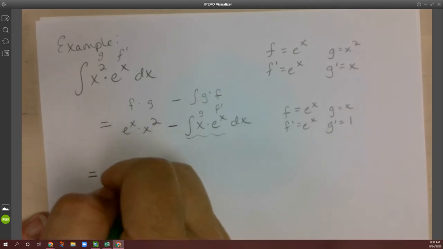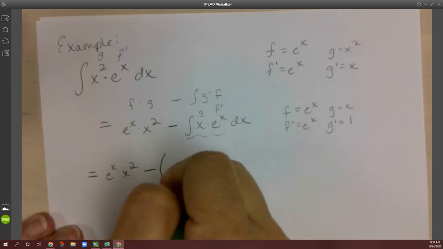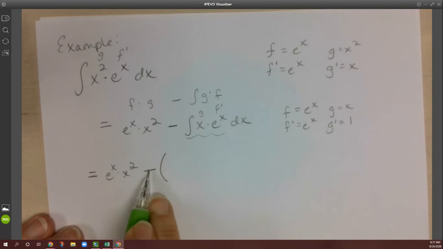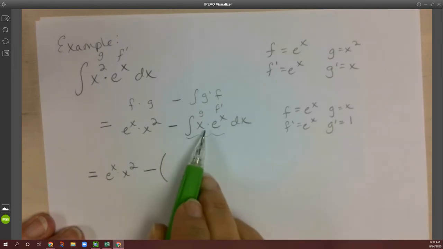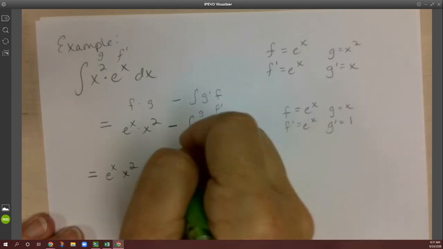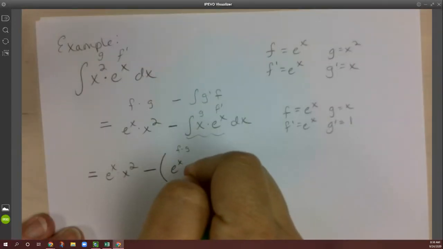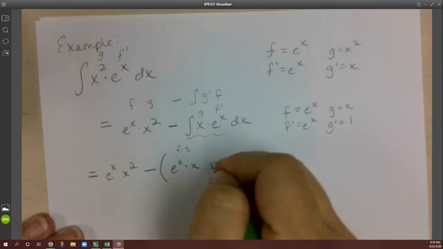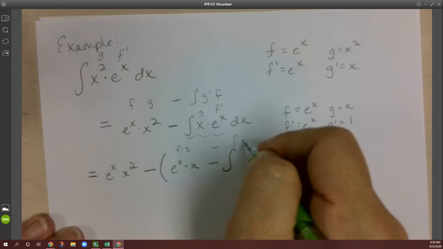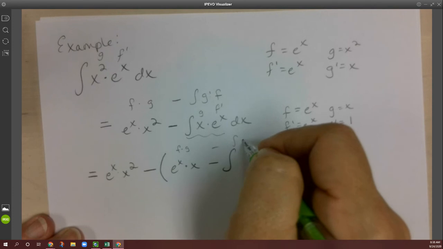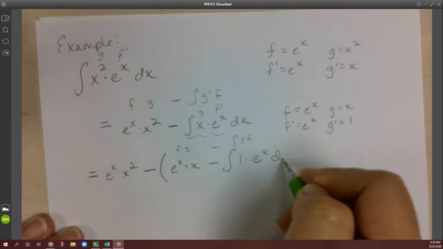We still have e to the x times x squared minus, and then I'm going to put this in parentheses, and this is really important because this minus is going to need to distribute to everything in here. But now I'm rewriting this integral using integration by parts. I have a new f and g, e to the x times x, minus the integral of g prime f, 1 times e to the x dx.